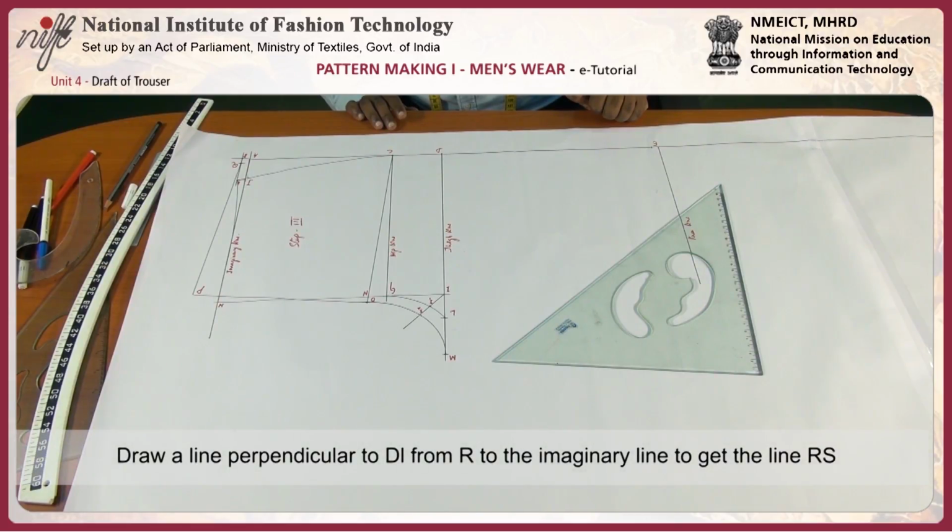Draw a line perpendicular to DL from point R to the imaginary line to get the line RS.